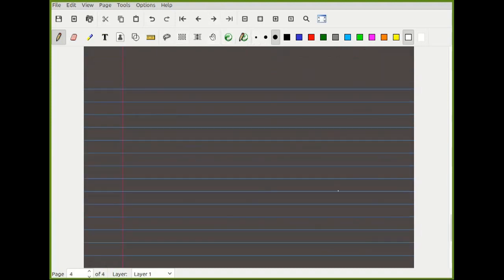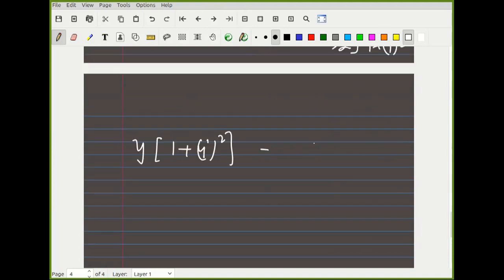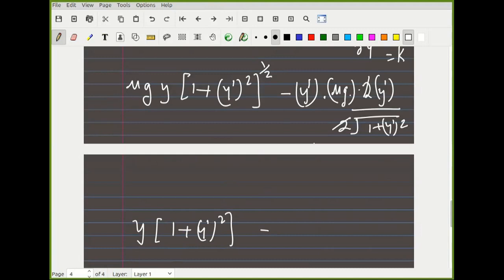So what do we get is y times (1 plus y dash) the whole square, minus... Observe what we are doing here. You have mu g in the first term as also mu g in the second term.